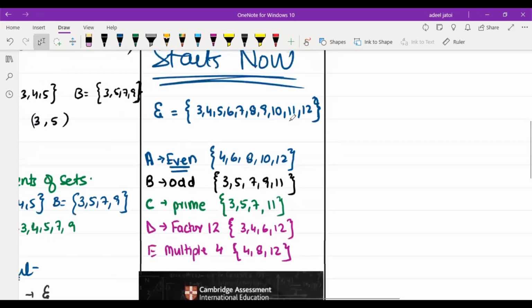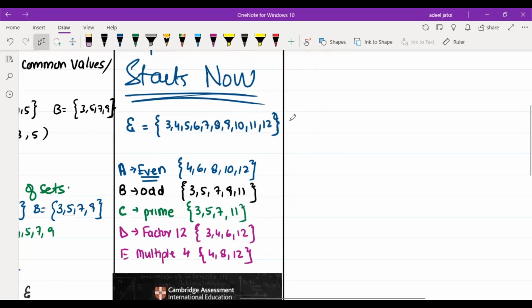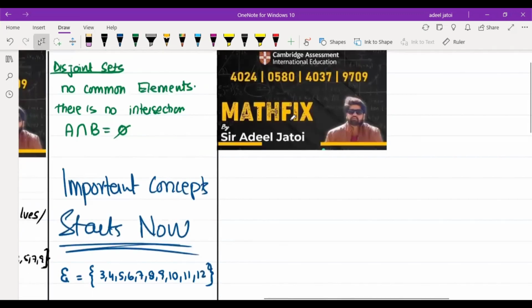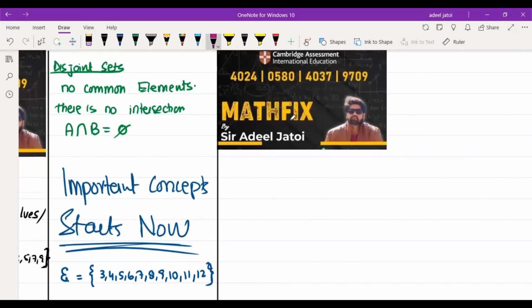So these are the normal sets that the examiner will ask you to define, your A, B, C, D, E. And all the values that we have written down, we have written down from the universal set. Your F set can be X is greater than or equal to 8.